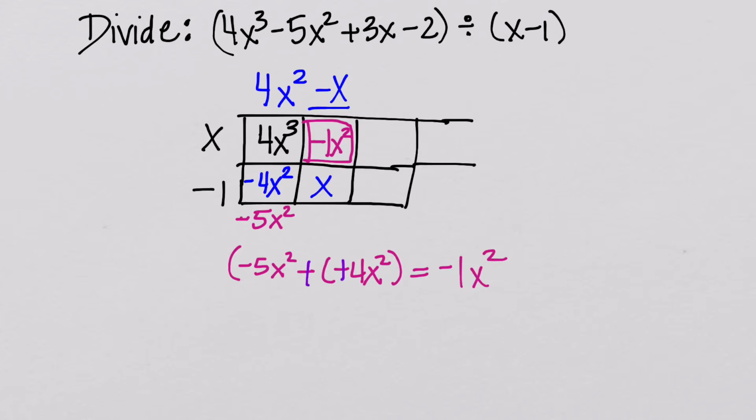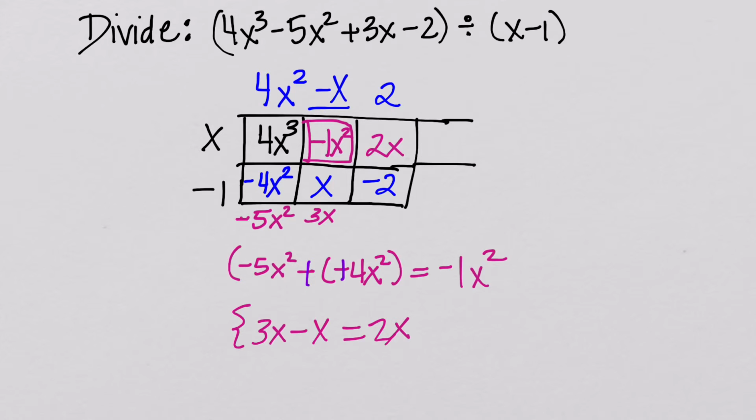And now for our x term, we need to have 3x as our sum. So x plus 2x makes 3x, or 3x minus x is 2x. Okay. So now x times 2 will make 2x, and now we multiply the 2 times the negative 1, which is negative 2.